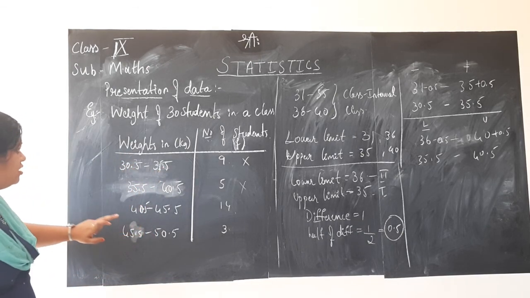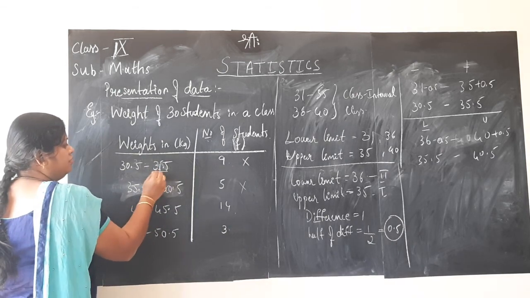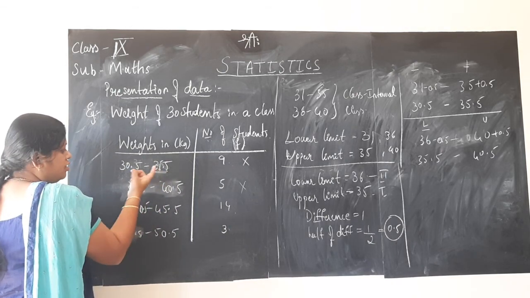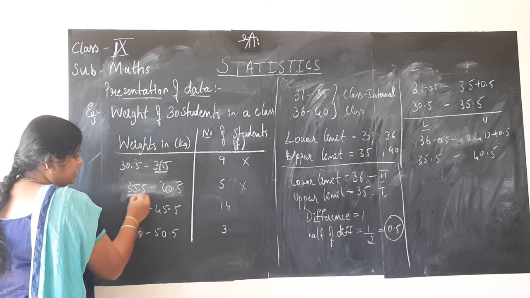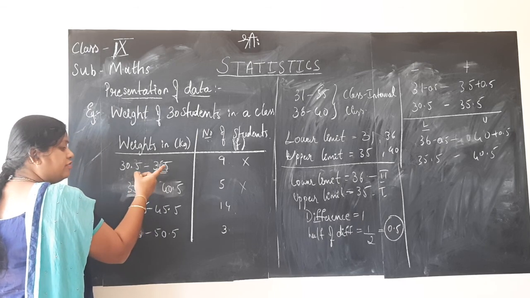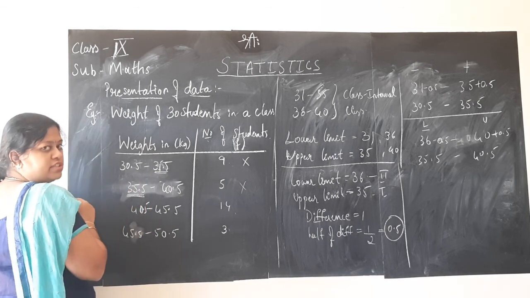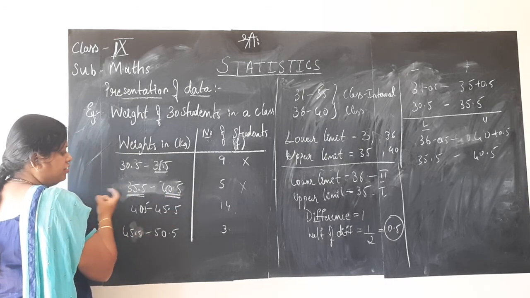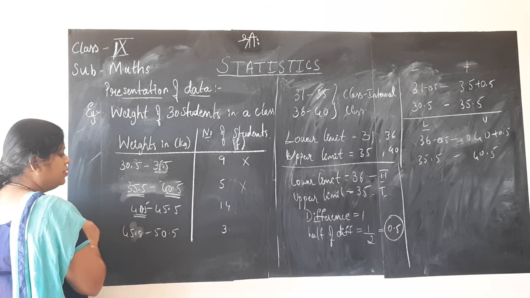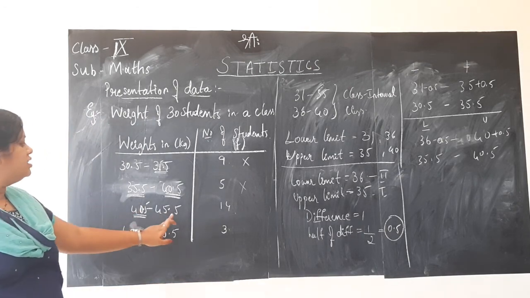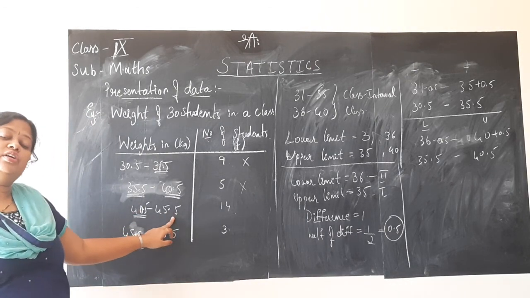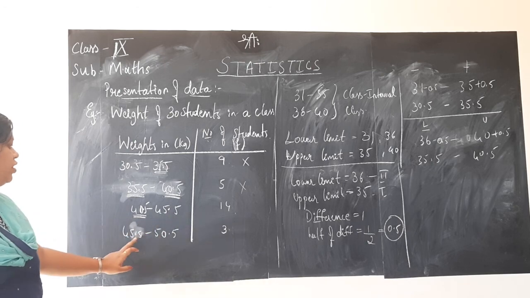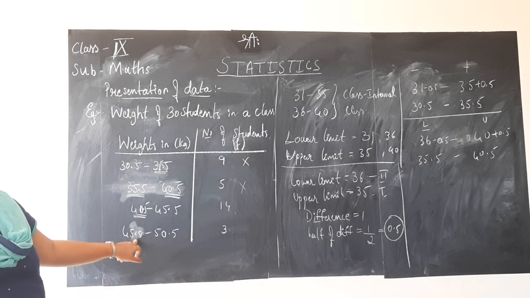Now if you observe children, this 35.5, the upper limit of first class interval will be the lower limit for second class interval. Look, here lower limit is 40.5 for second class interval, whereas it is upper limit for first class interval. Similarly, upper limit of third class interval is 45.5, which is lower limit for fourth class interval.